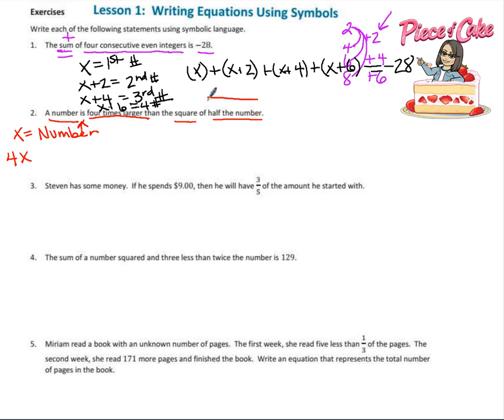Well, how did we learn to write that? Half the number, I better get rid of that because that's not really what we wanted. Half of the number, there's half of the number, but we need to square it. So we need to take that and square it. And this right here is 4 times more than doing this stuff right here.